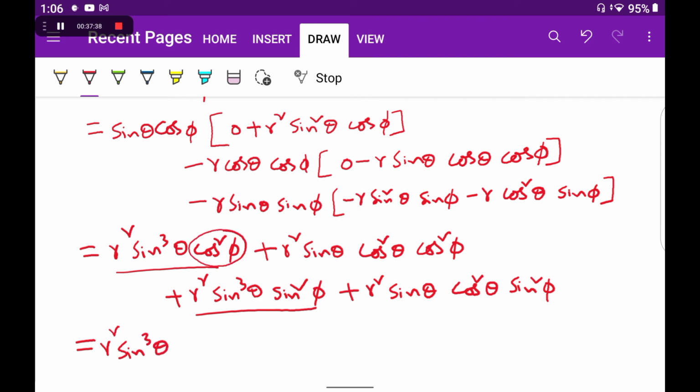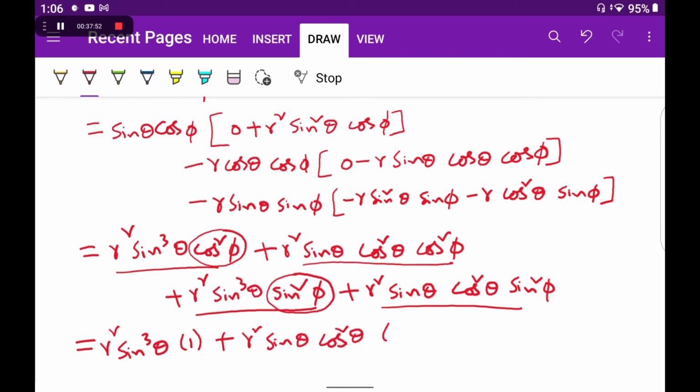Then we get cos square phi plus sin square phi, which is 1. Plus in the remaining two, you take r square sin theta cos square theta common. The remaining is cos square phi plus sin square phi, again it is 1.